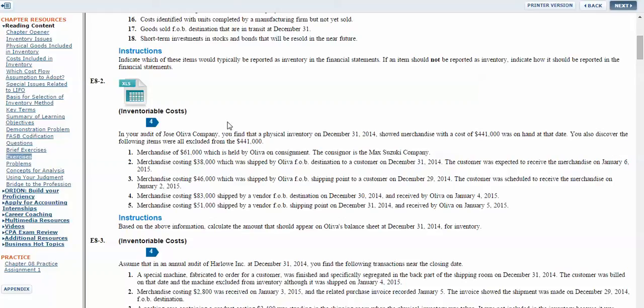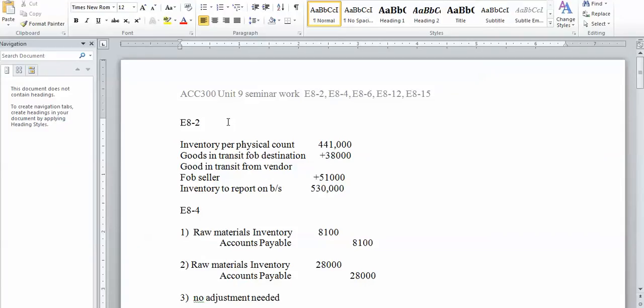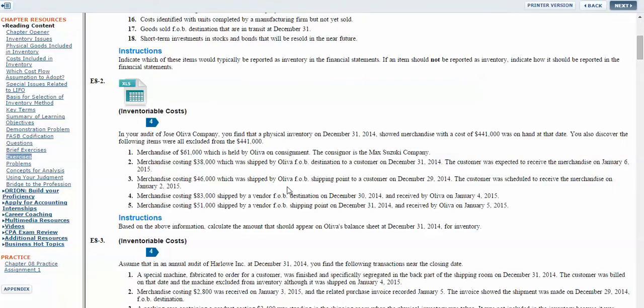Okay, and so our company shipped it FOB destination. It was not received yet, so we're the seller. It's ours until it gets there. So we need to add that back. Okay, so if I go to here, we start out at 441. We're going to add the goods in FOB destination. We're the ones that ship them. We're the seller. They're not the buyers till it gets there.